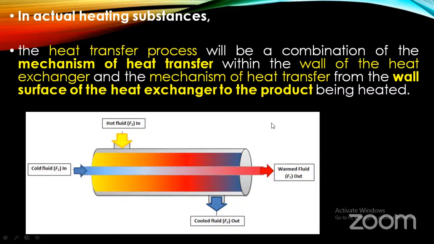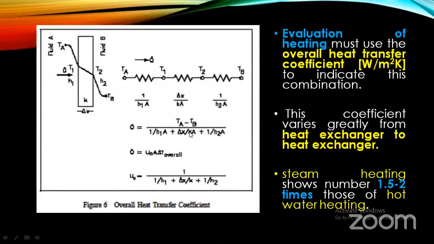Another one, convection within the fluid. So you have to go back to the early heat and mass transfer basics, where we might have come across a term called the overall heat transfer coefficient. So here we just recall.